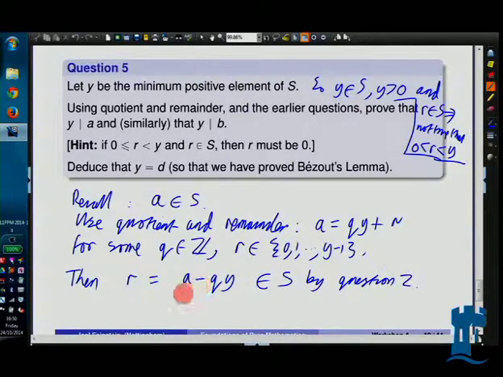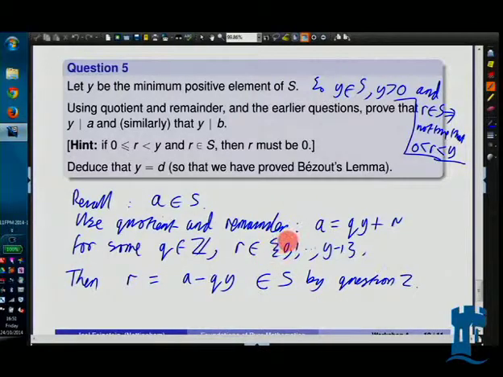So A was in S, Y was in S, Q is an integer. Q is playing the role of the K earlier. A is playing the role of the X earlier. So this is like an X minus KY, which is still in S, because X and Y were in S, and Q is an integer. Okay? So now R's in S.